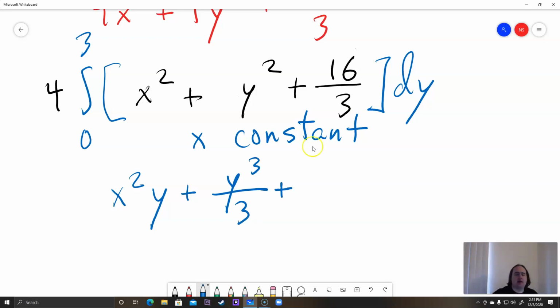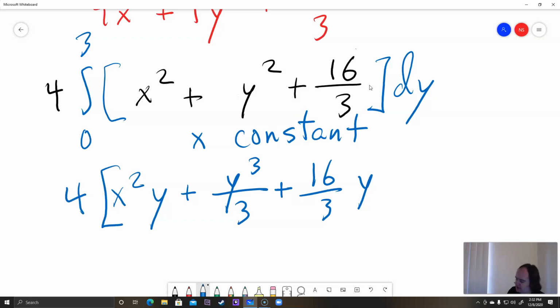And then 16 over 3 is once again a constant, so the integral of that is going to be 16 over 3 times y. All right, and then this whole thing has a 4 out front. Don't forget about the 4. And this is going to be evaluated from y equals 0 to y equals 3.